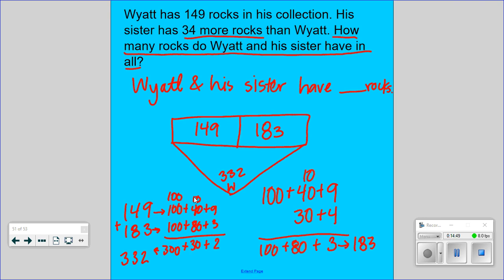Because remember, this was Wyatt. And then we had to do that math to figure out his sister. And then we add them together to figure out both. So it is 332 rocks. It's the whole. It's the total. Yep.